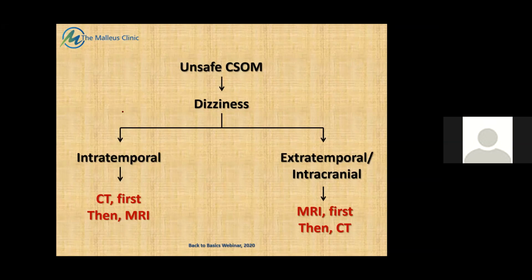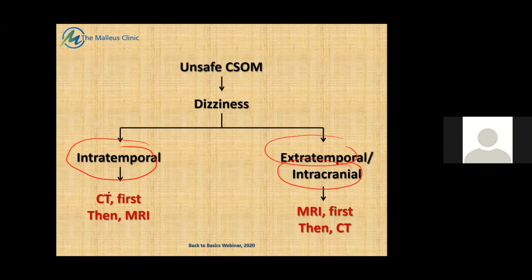There is definitely some kind of a complication beyond the middle ear pathology, beyond the inflammatory middle ear pathology that the patient is suffering from. Now, that pathology could be located within the temporal bone, that is, it could be intratemporal, or it could be outside the temporal bone, but within the cranium, that is intracranial.